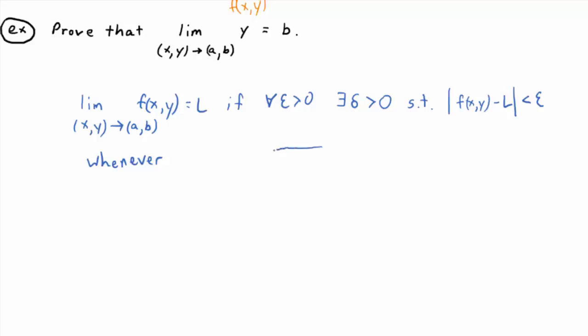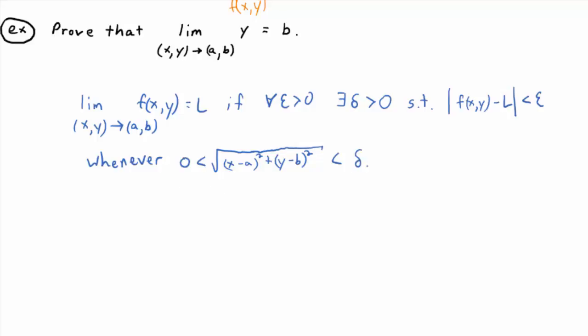Oh, you just use the distance formula. The distance formula for the distance between (x,y) and (a,b) is the square root of x minus a quantity squared plus y minus b quantity squared. We want that to be less than delta, but bigger than 0.